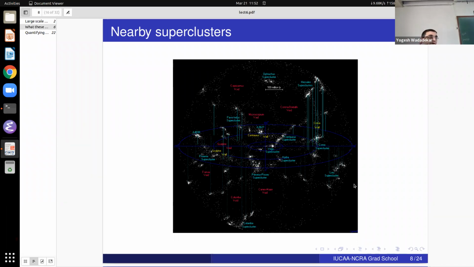Now we are looking at things on scales of hundreds of kiloparsec. The scale that you see here is 100 million light years, which means about 30 megaparsec. So if you go from one edge to the other, you probably have about a 200 megaparsec box.